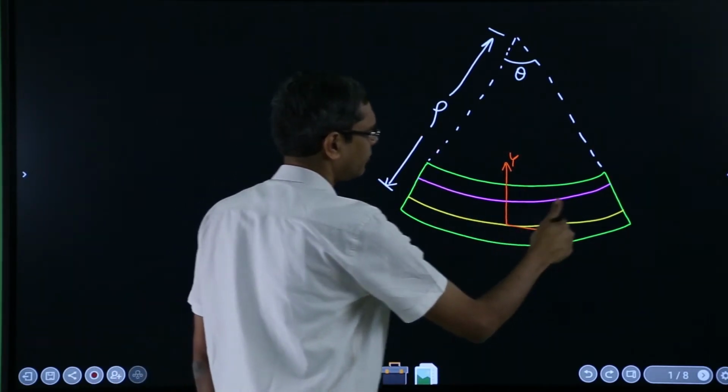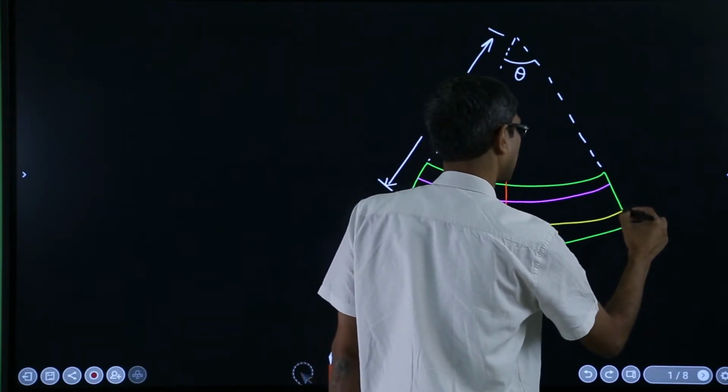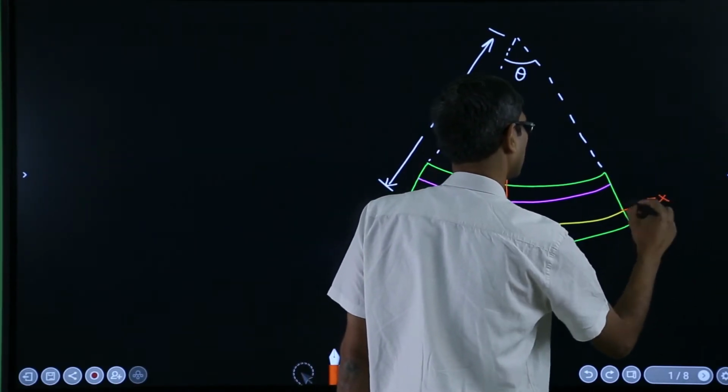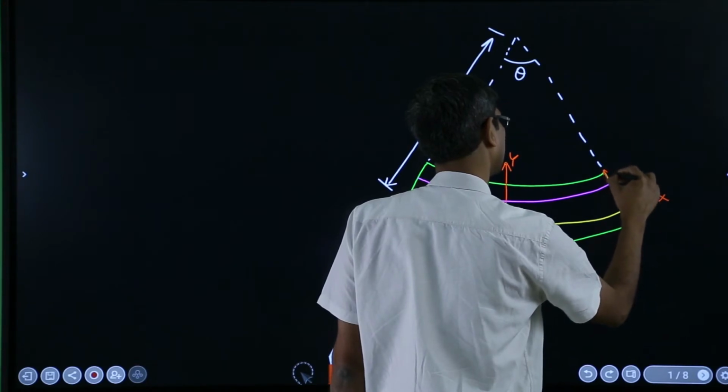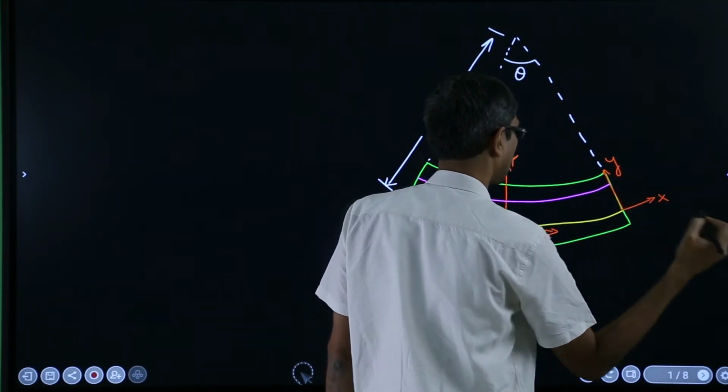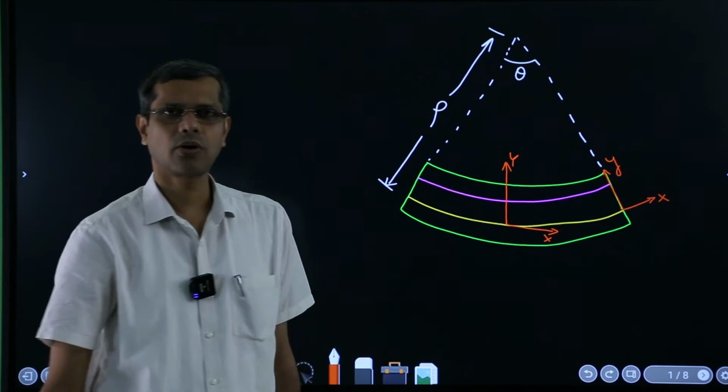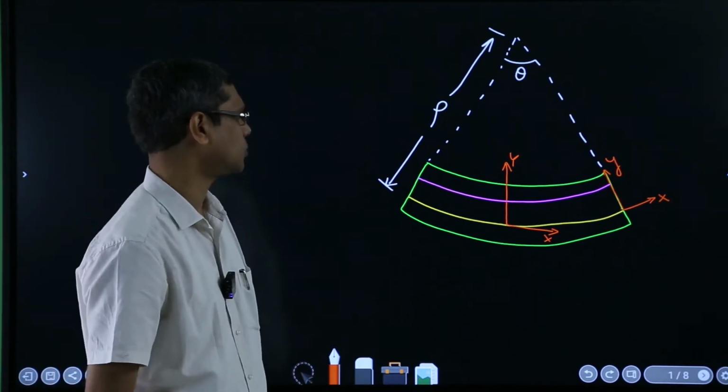So the x axis is like this, the y axis is like this, and the z axis is coming out. That is the coordinate system we are referring to.